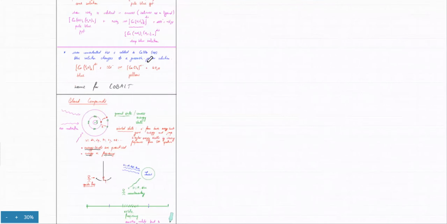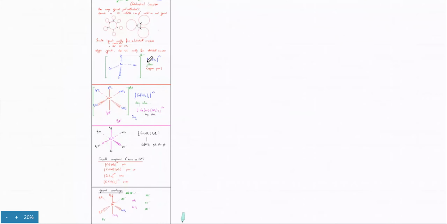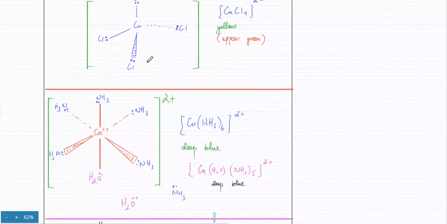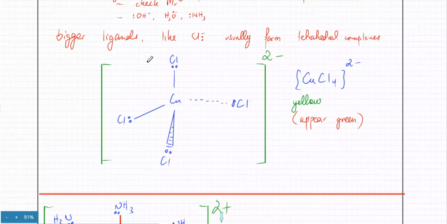Now, if you have a look at a tetrahedral complex, which is this one that I've opened in front of you, usually when you have bigger ligands, you can't fit six of them around, so only four ligands get attached to copper. The thing with this is that none of the ligands are actually attacking the copper on the axis. They're all making an angle of 109.5, so none of them are lying on the axis.